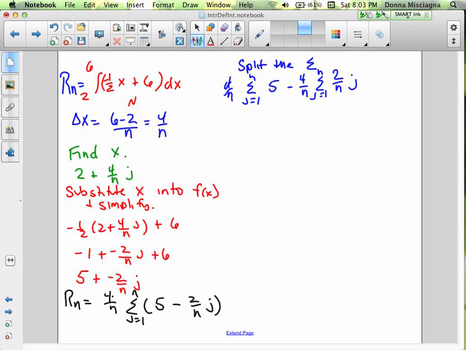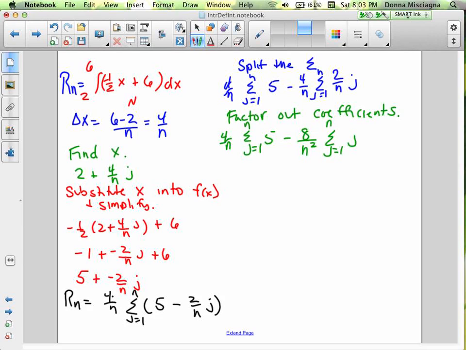Let's factor out coefficients. All right, so no coefficients on the first one. 4 over n, sigma, j equals 1 to n, 5, minus 8 over n squared, sigma, j equals 1 to n, j.